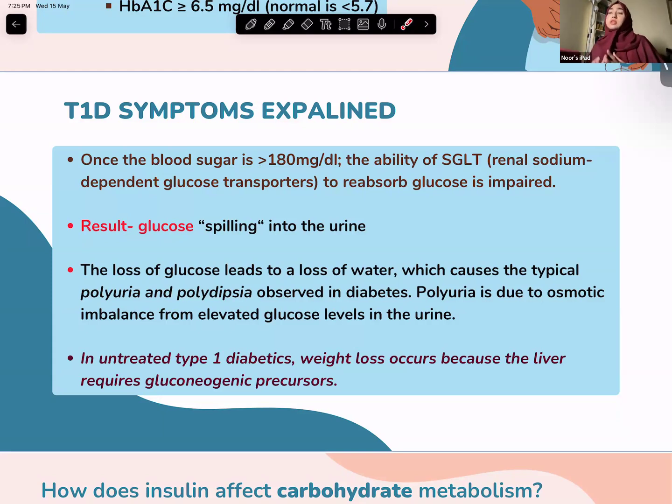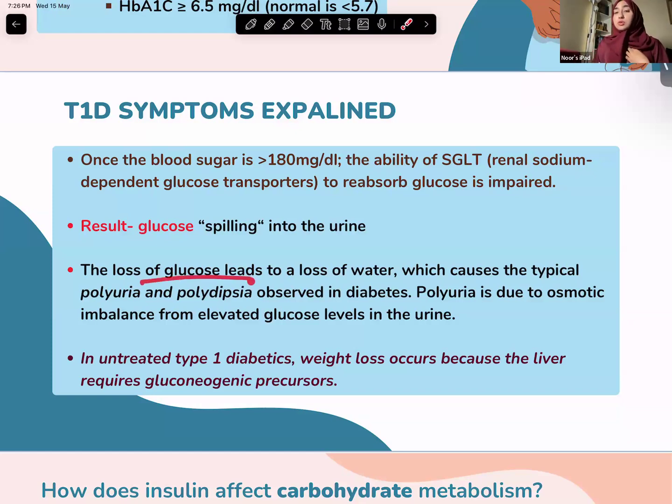Because glucose is an osmotic molecule, it pulls water along with it, so glucose spills into the urine. Urinalysis can also be a way of diagnosing diabetes. If you do a urinalysis and see high amounts of glucose, you can come to a differential diagnosis of type 1 diabetes.